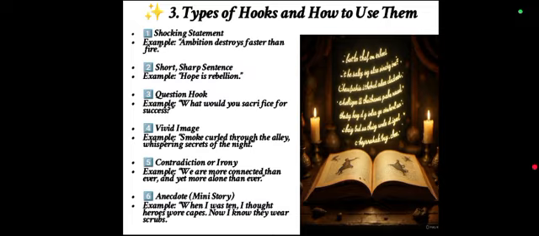And then the question hook, like the rhetorical question, "What would you sacrifice for success?" And we have vivid image: "Smoke pours through the alley, whispering secrets of the night." Contradiction or irony: "We are more connected than ever, and yet more alone than ever."